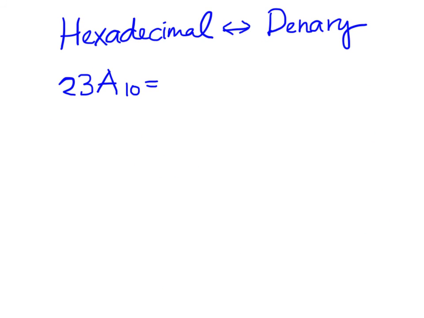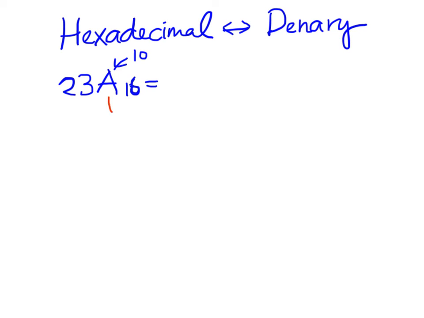And finally, to convert numbers between hexadecimal digits and denary numbers, we can apply the same method as we do with binary numbers. We have 23A base 16. This A actually stands for 10. It contains the value 10, and its place value is 1.